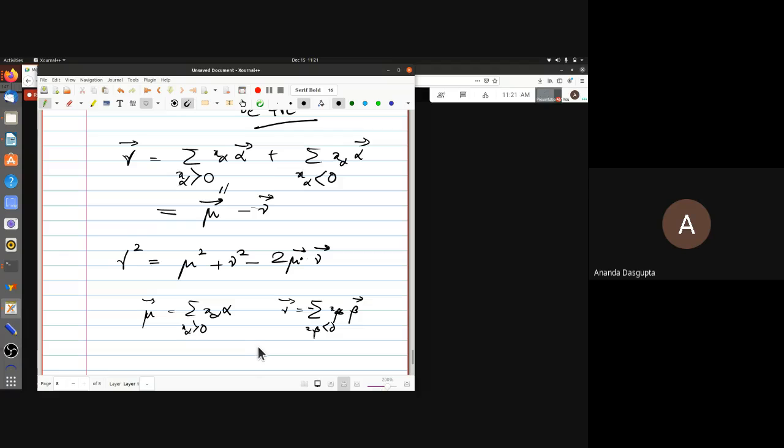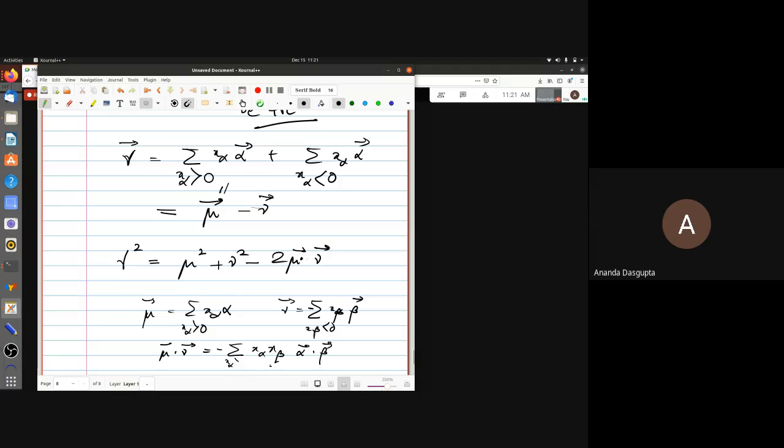Now what happens? You're right. So, yeah, go expand on that. The coefficients are positive, right? So you form mu dot mu. What do you get? You're going to get minus x alpha x beta alpha dot beta, right?